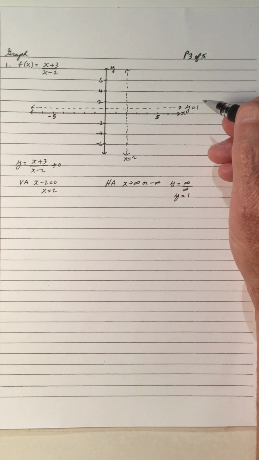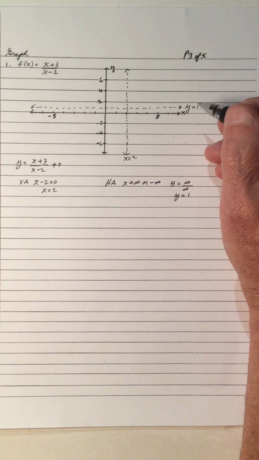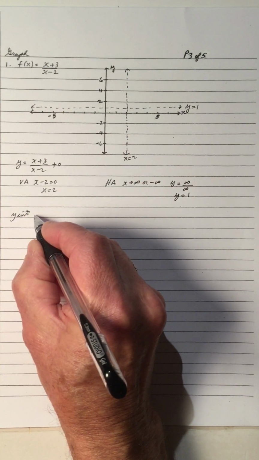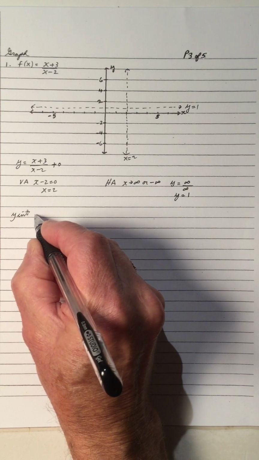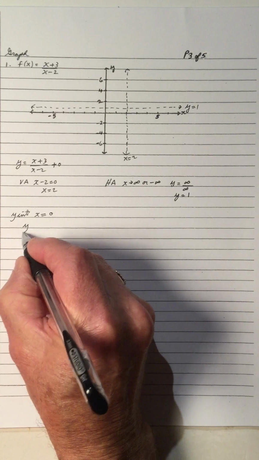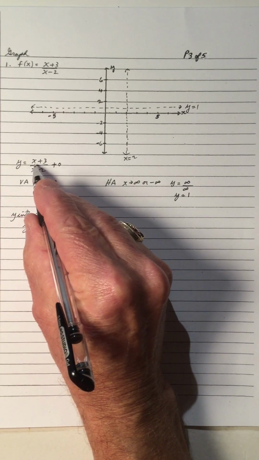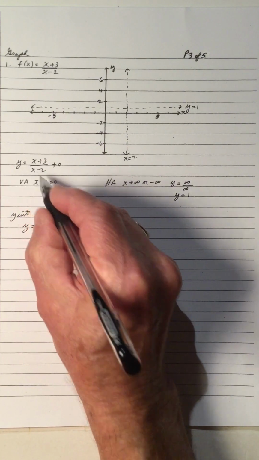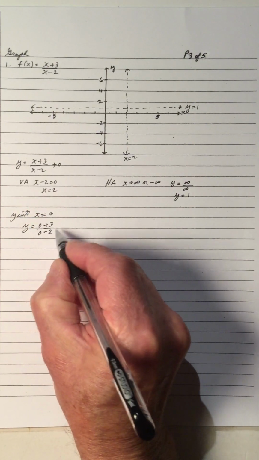So let's do more work to see what we have. Let's look at the y-intercept of this graph. The y-intercept is when we let x equal 0. Take this equation and put a 0 in: y equals (0 plus 3) over (0 minus 2).